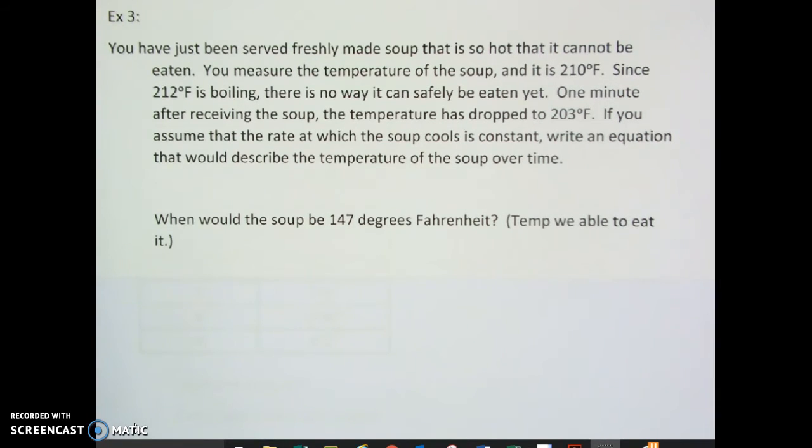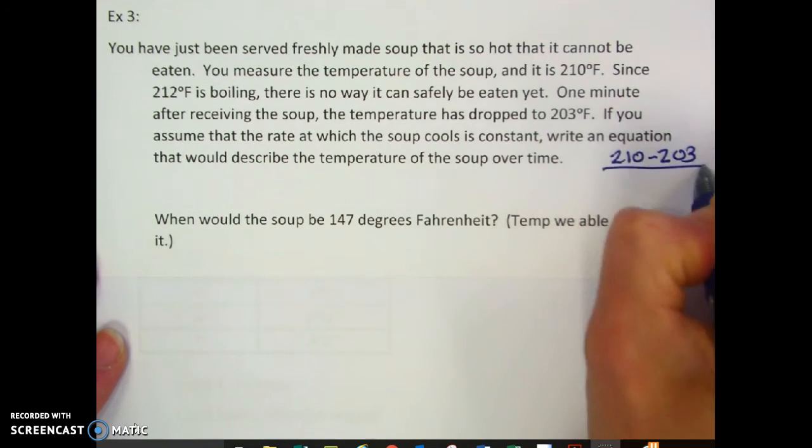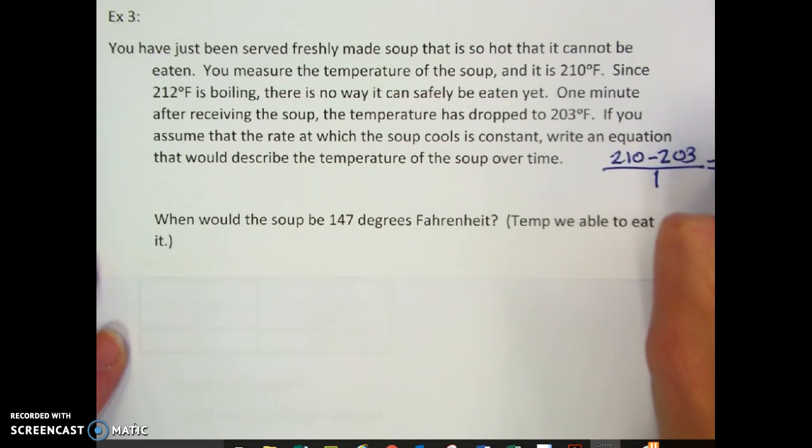Well, the soup is changing from 210 to 203 in 1 minute. So 210 to 203 in a period of 1 minute. So this is 7 degrees Fahrenheit in 1 minute.